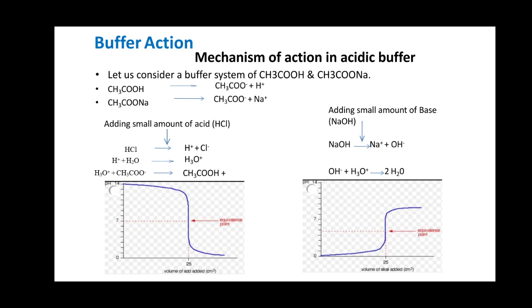When adding a small amount of an acid, that is HCl, it gives H plus and chloride ions, and the water molecules with the H plus ions give H3O plus, which is reacted with the acetate to form acetic acid. While adding a small amount of a base such as NaOH, it releases Na plus and OH minus ions. The OH minus reacts with the H3O plus to give water molecules.